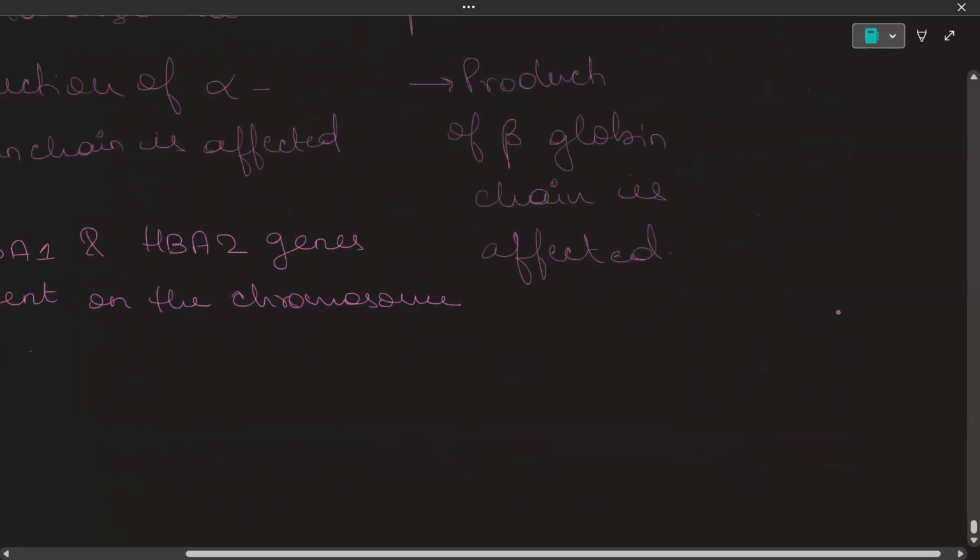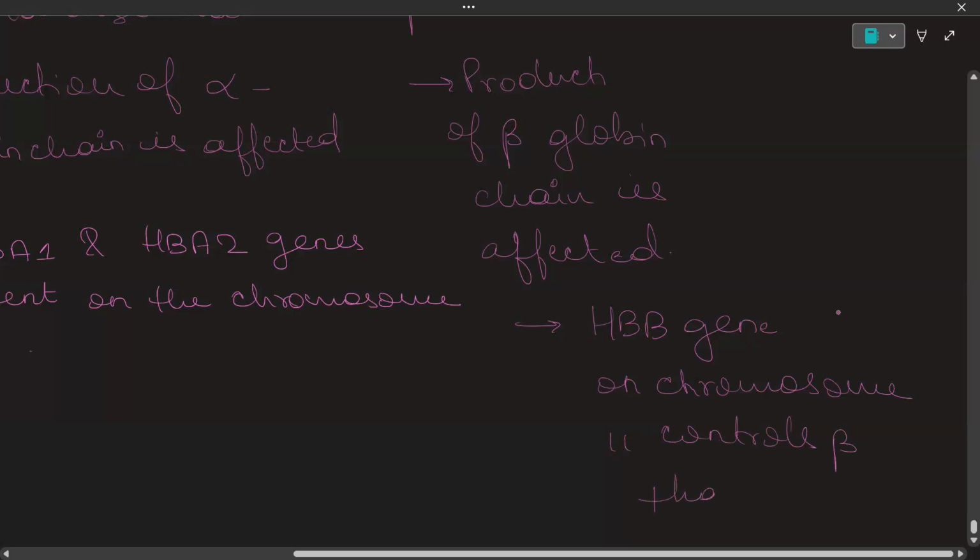Now talking about beta, it is actually controlled by the HBB gene on chromosome 11. The chromosome 11 controls beta thalassemia.